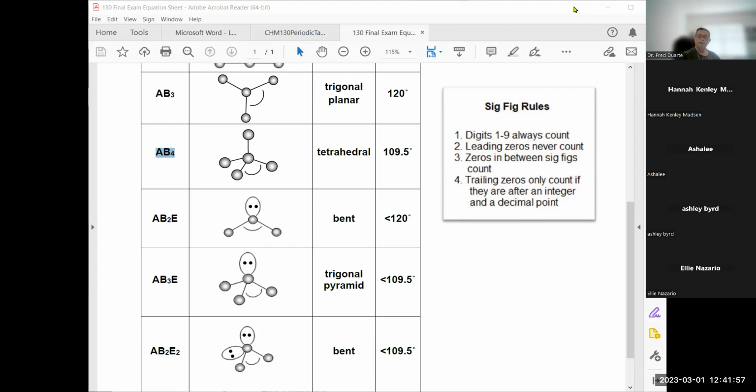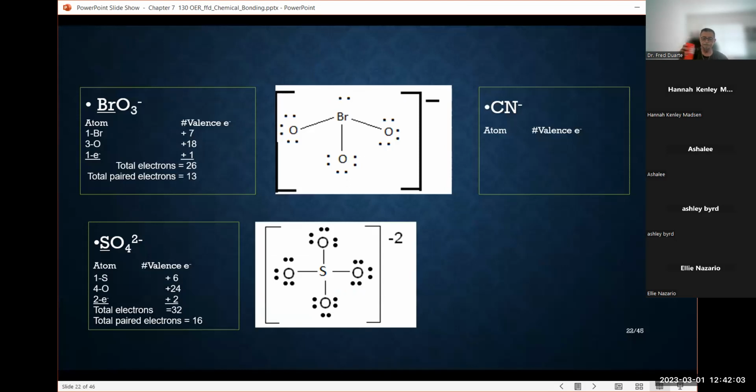All right. And we have that. Now notice this one here is CN with a negative charge. If you recall, we did earlier, in the earlier slides, we did the HCN.